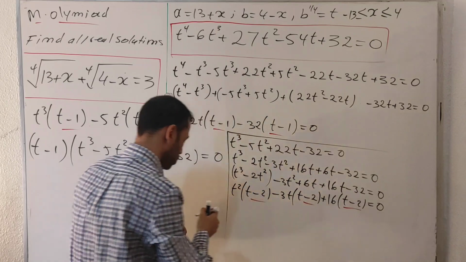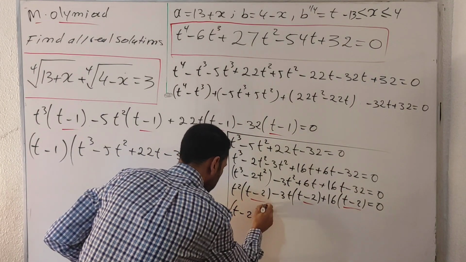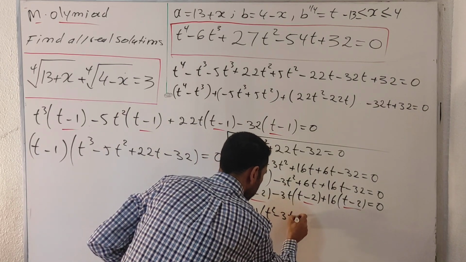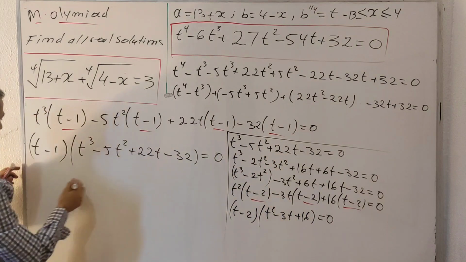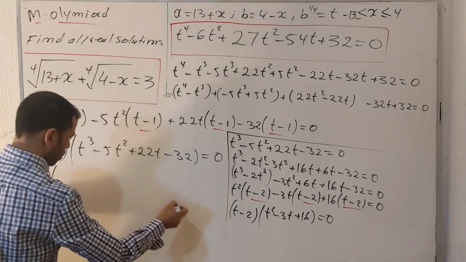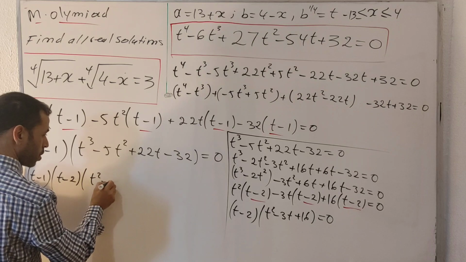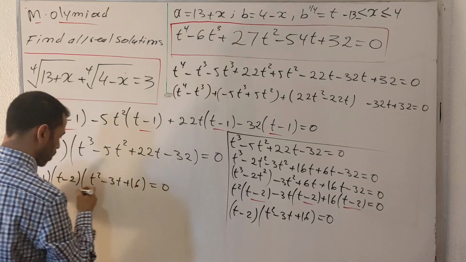I will have t minus 2 as a common factor multiplied by t squared minus 3t plus 16 equals 0. This polynomial becomes t minus 1 factor t minus 2 factor t squared minus 3t plus 16 equals 0.